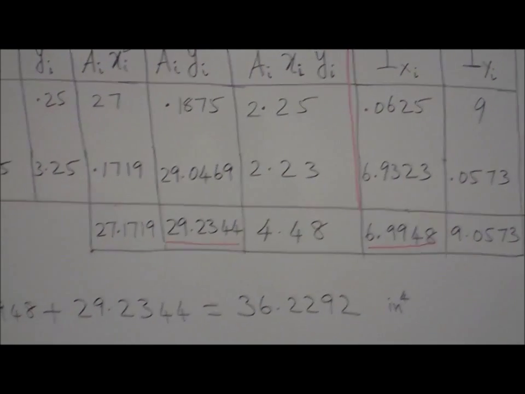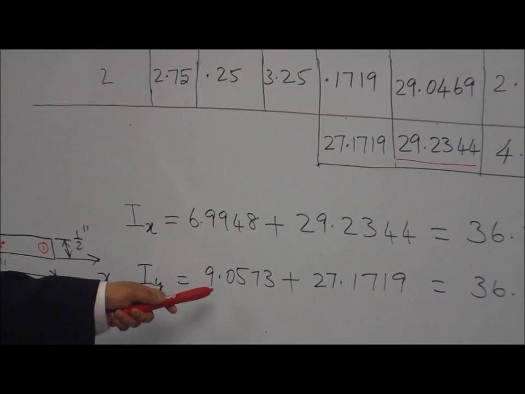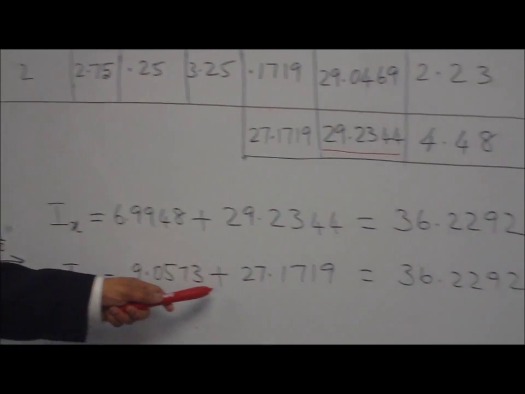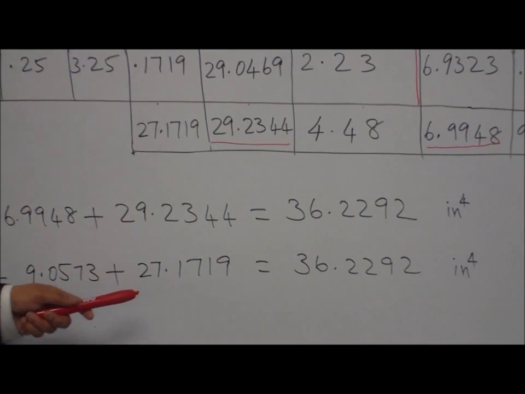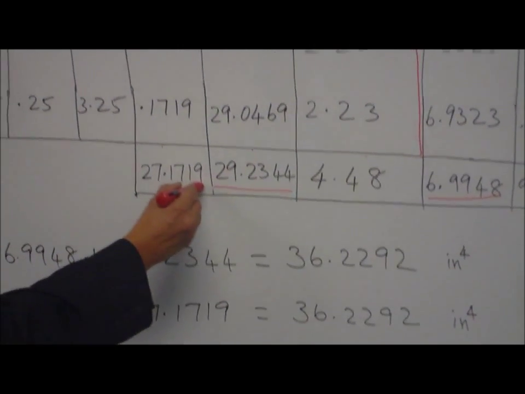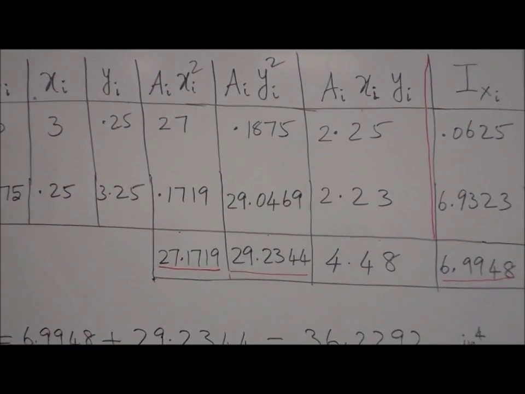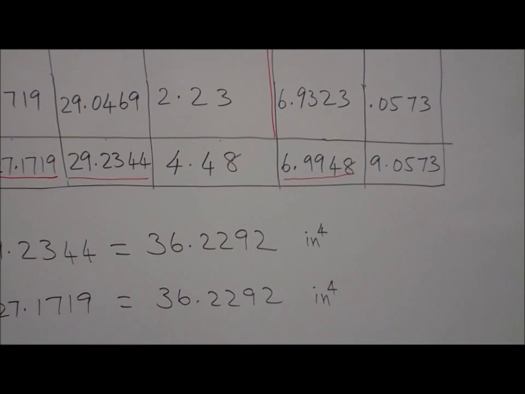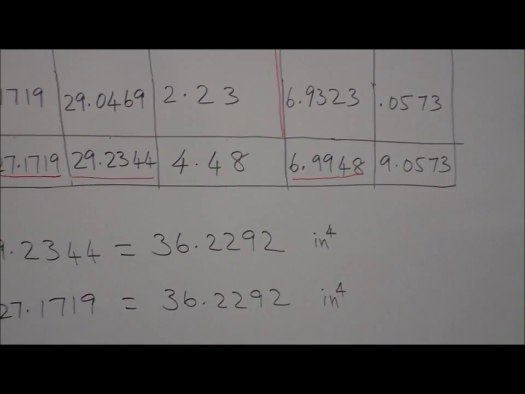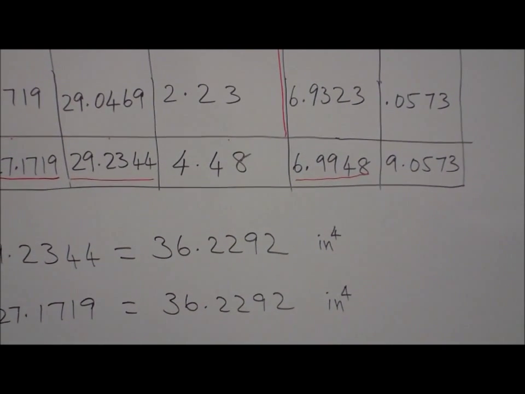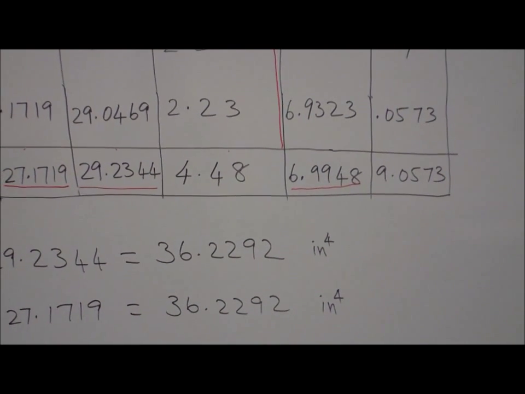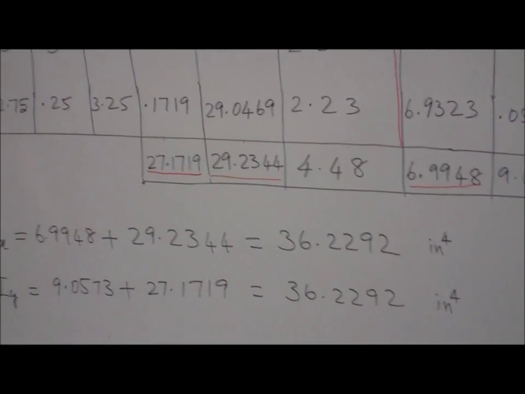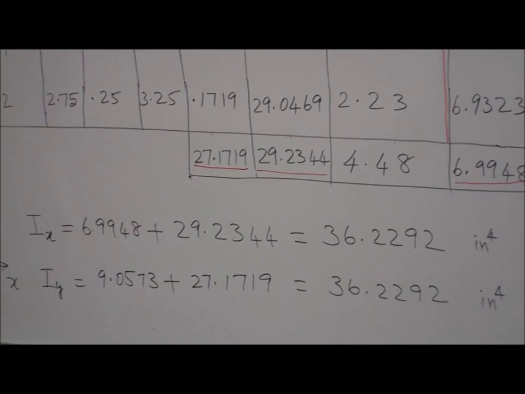And Iy is the sum of I y i, which is 9.0573, plus the sum of A i x i squared, which is 27.1719. So the summation gives you 36.2292. The unit for inertia is inch to the power 4, because it's the area times the square of the distance. Area is inch squared, and the square of the distance is another inch squared. So the unit is inch to the power 4.